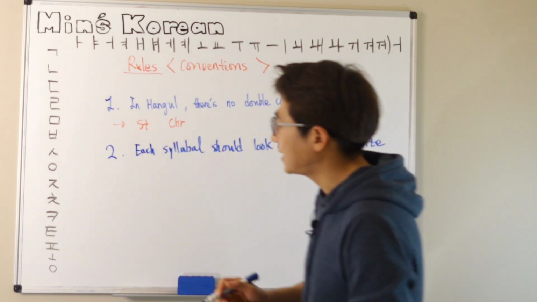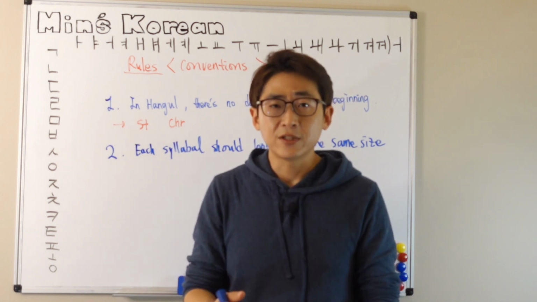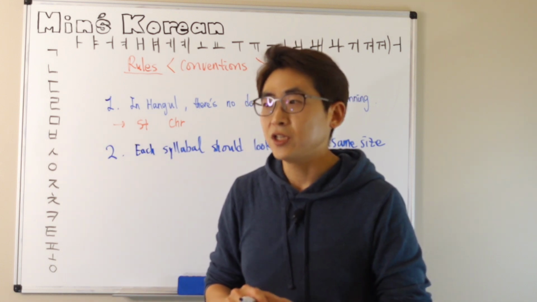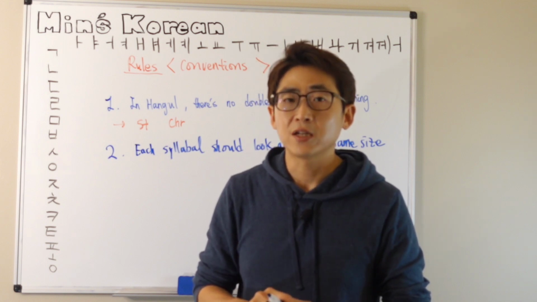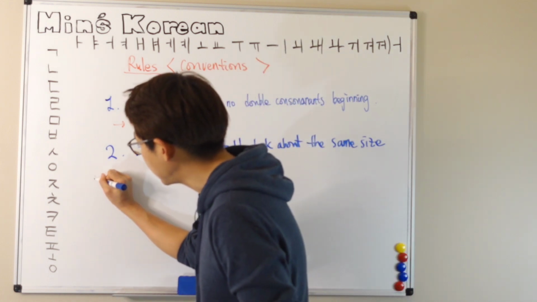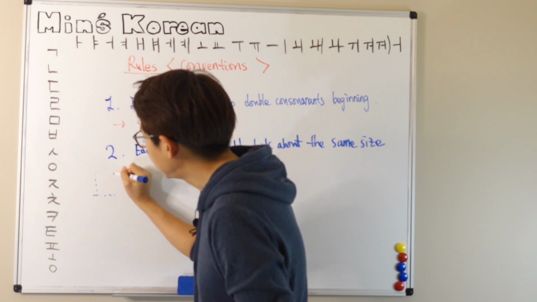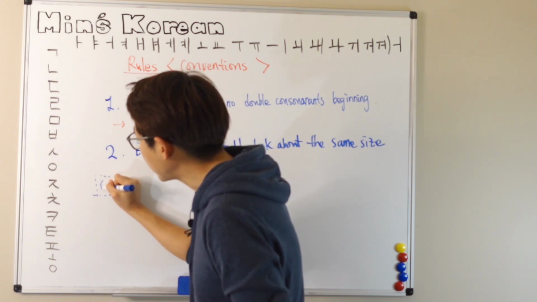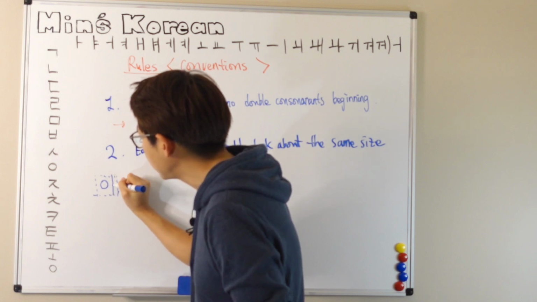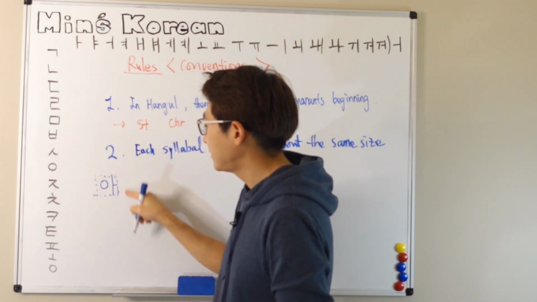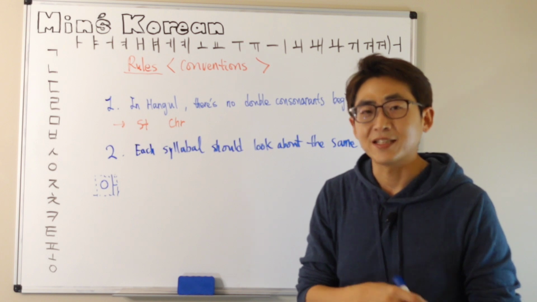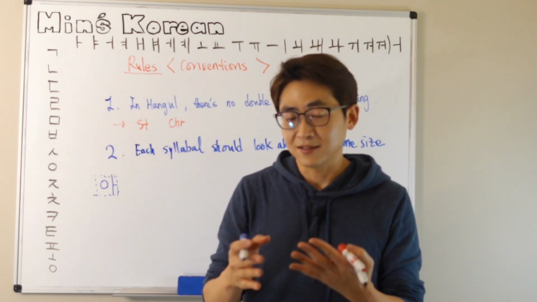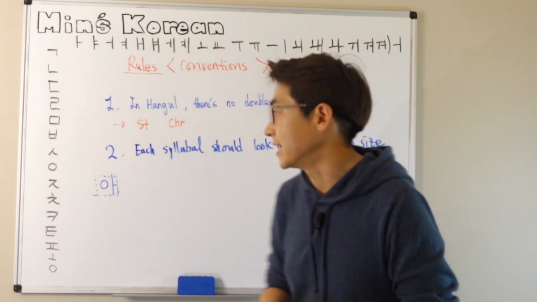So that's why as an elementary kid or even a kindergarten kid, you need to practice writing Korean using these dotted spaces where you always write in that area, so that all your Korean handwriting is maintained in the same size.